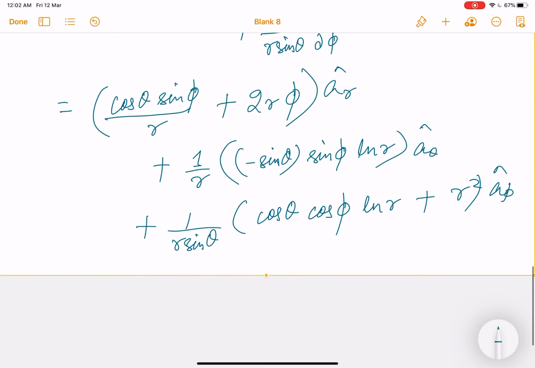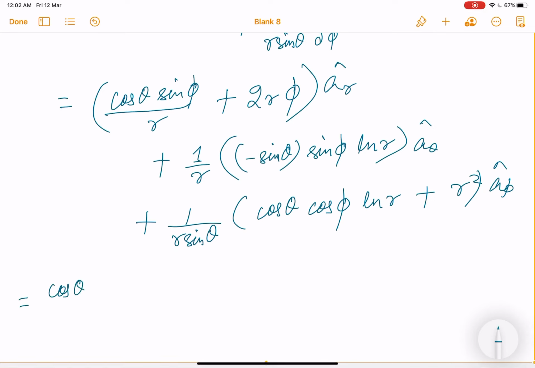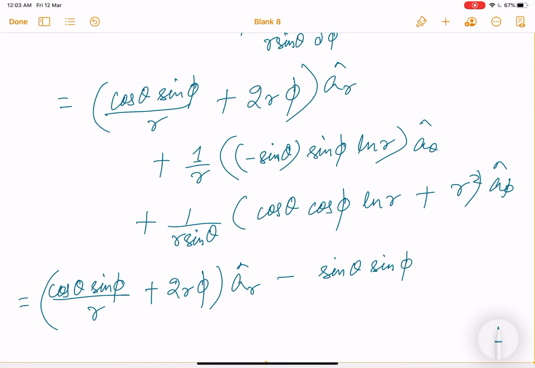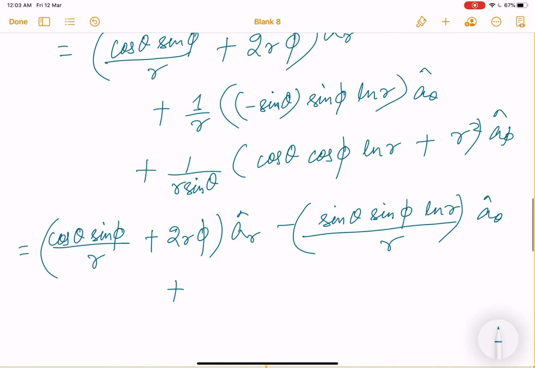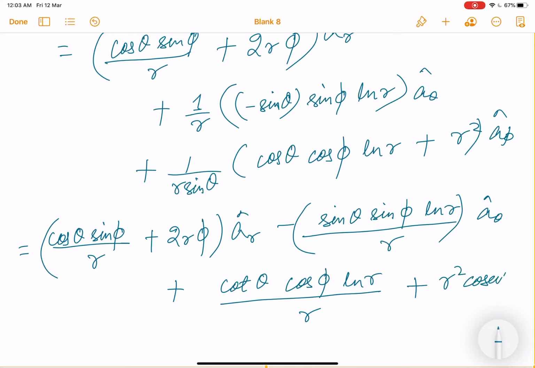Let me just simplify it a bit. (cosθ sinφ / r + 2rφ) a_r cap, minus (sinθ sinφ ln r) / r a_θ cap. Then the next term, if I bring this inside, cosθ by sinθ is cotθ, so cotθ cosφ ln r divided by r, plus r², and 1/sinθ I can write as cosecθ, this much a_φ cap.